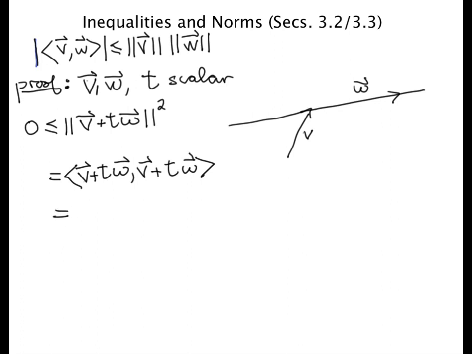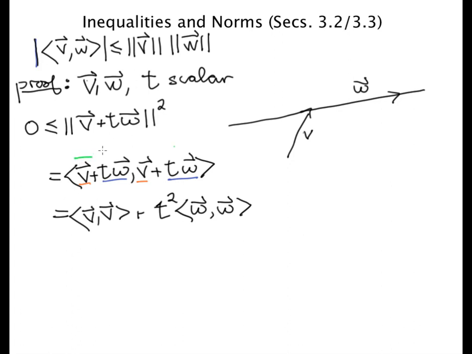Well, there's a v term, which gives me the inner product of v with v. And there's a tw term, which gives me t squared times the inner product of w with w. And then there are some cross terms.